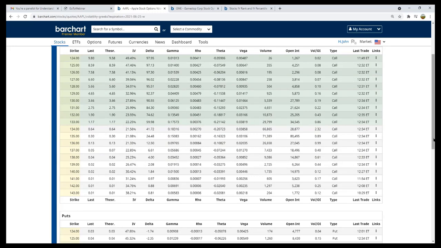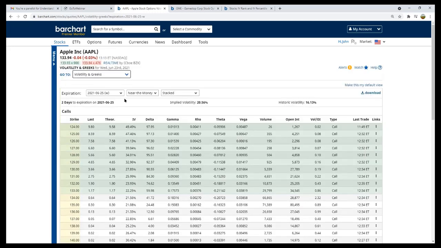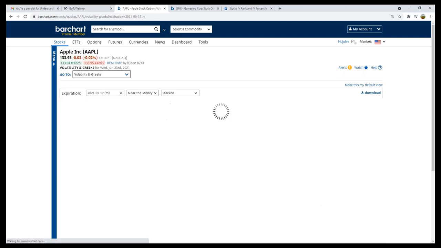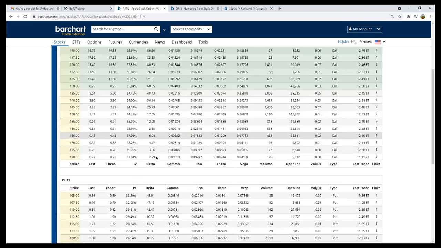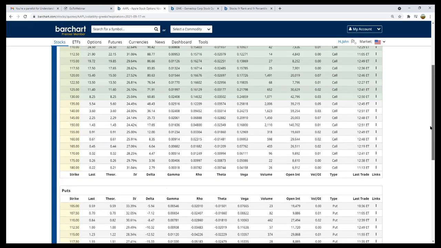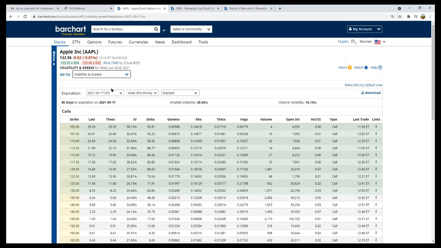If I go to a strike whose expiration is maybe in September and look at those out of the money deltas, they're not significantly higher, but they are higher than the deltas of those that are about to expire. Think about it in terms of extremes, all right?